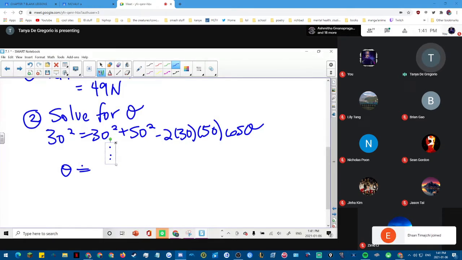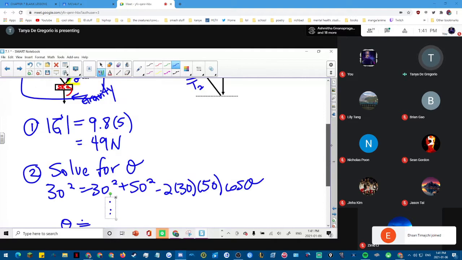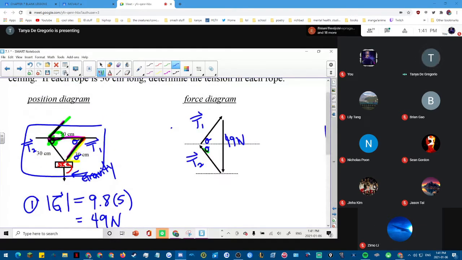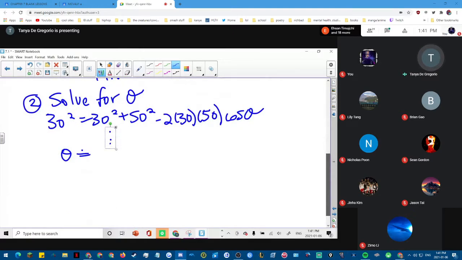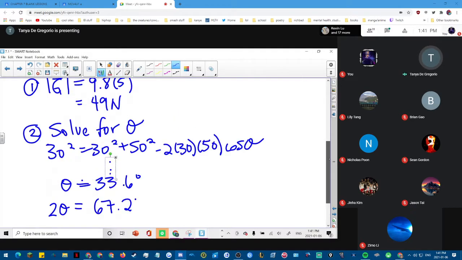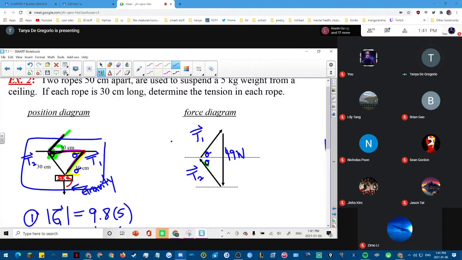Did anyone get it yet? What's my theta? And I guess I'll show you after. What's my theta here? 33.6. Excellent. And then I want 2 theta in my second drawing. And so I can see that that's 67.2 degrees right here.